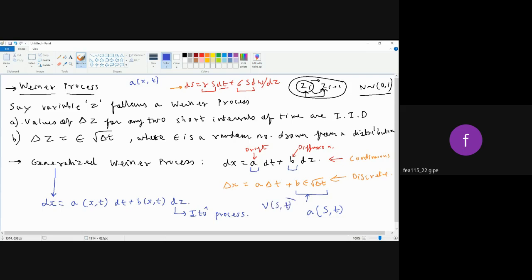So this is something which I may want to study. Now, let's say V is my option price. Now I know option is a derivative product. So option will be dependent on the underlying stock price and the time. So finally, I want to use these concepts which I have been building for now, Wiener process and so on. I want to apply it for understanding the behavior of a derivative. And for that reason, I have introduced this asset and time dependency for variables A and B.